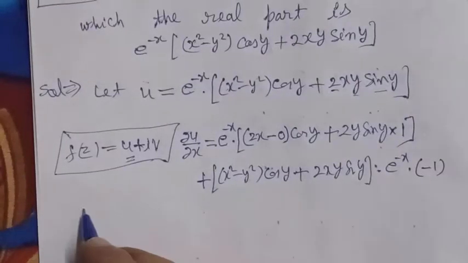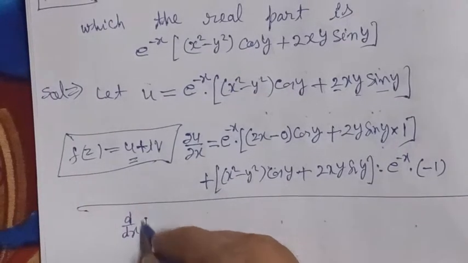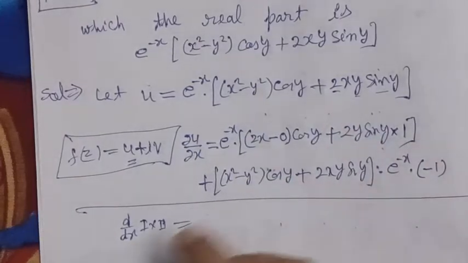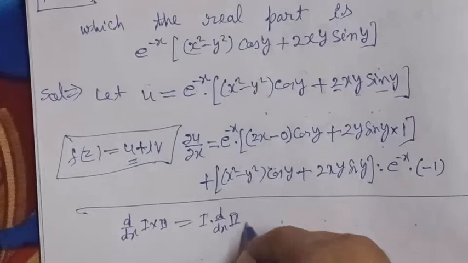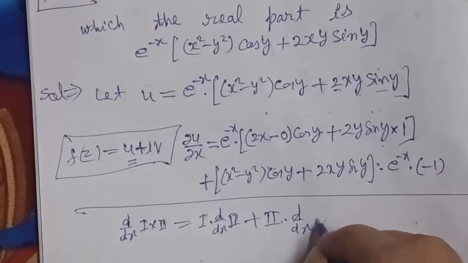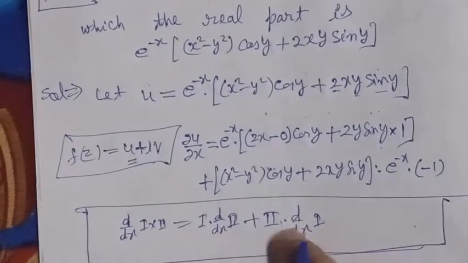Here we apply the product rule for two functions: first function as it is times differentiation of second, plus second function as it is times differentiation of first. We have applied this formula here.